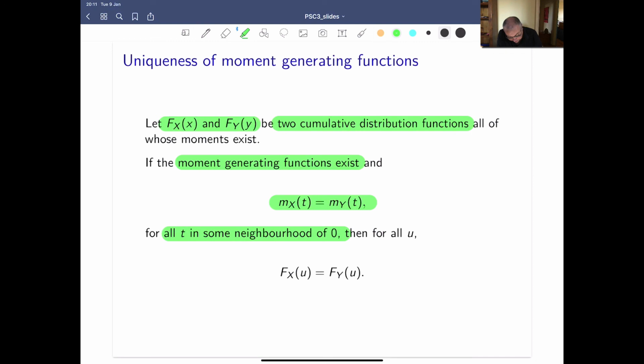Then you will find that they have the same CDF and hence they are the same distribution. The classic use of this property is the central limit theorem. In the central limit theorem, we use moment generating functions, we do some manipulations, and what we see at the end is the moment generating function of a normal distribution, so we know that it's asymptotically normal. So very, very useful.